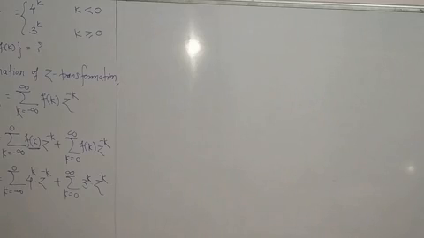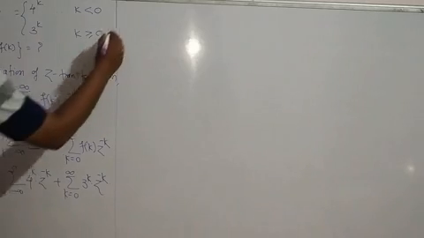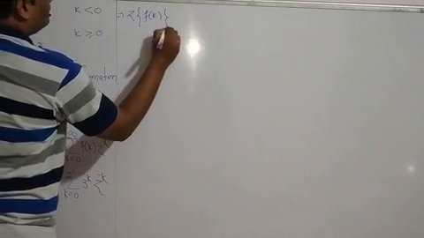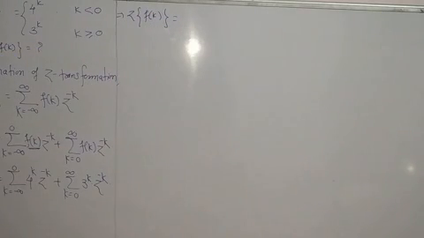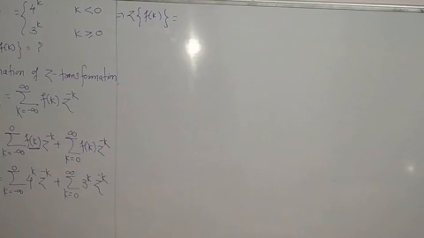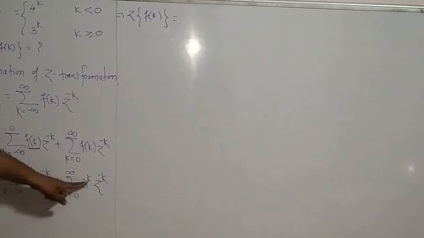Now we will expand this summation in the form of a sequence. If you see, you have z raised to minus k, which means the power of z comes out negative if the power of k is positive.